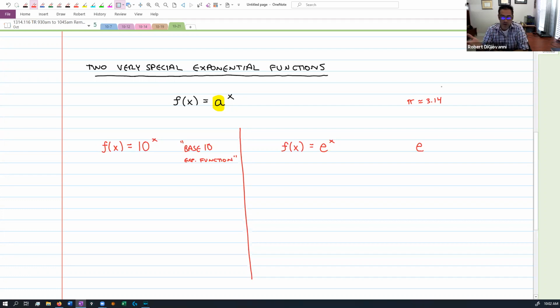So most of you are comfortable with the idea that we have this number, 3.14, that instead of writing 3.14, we write pi instead. The reason why we write pi instead of 3.14 is because this actually keeps going. It's 3.1415, and it keeps going forever, and it never has a pattern to it.